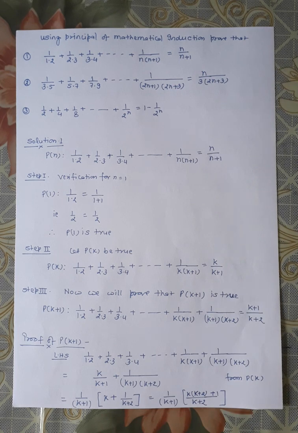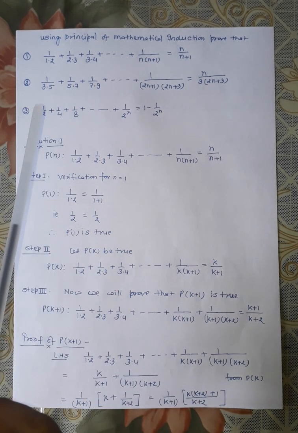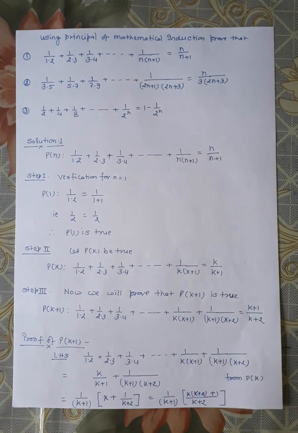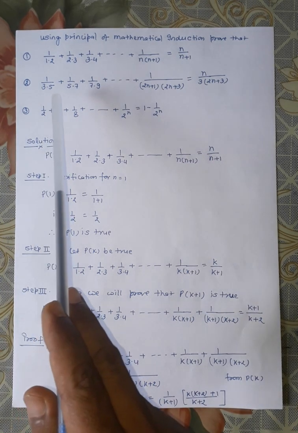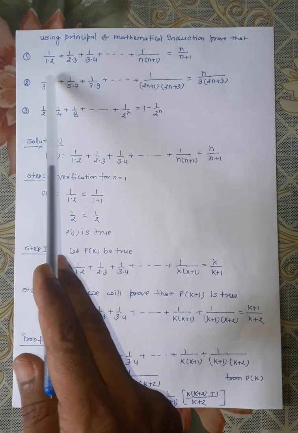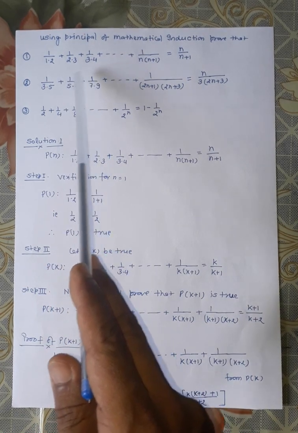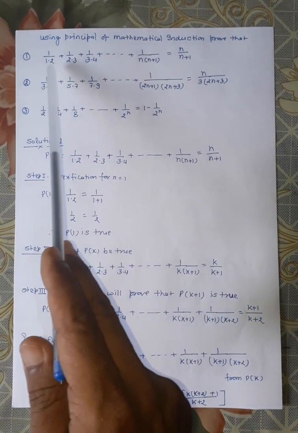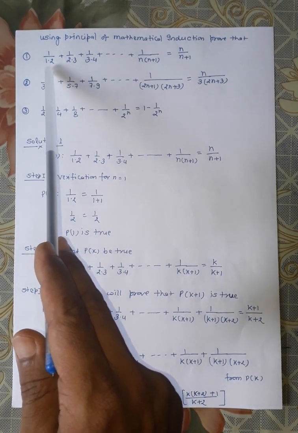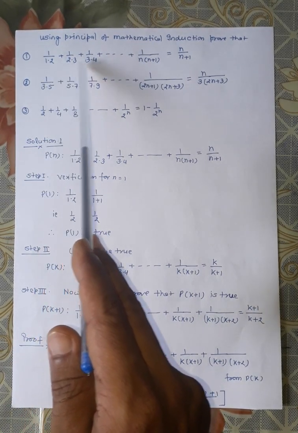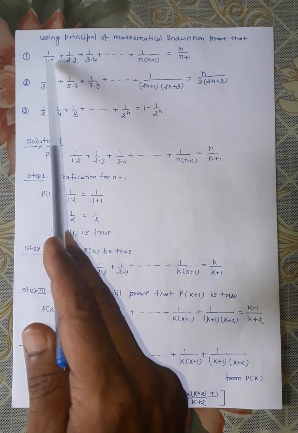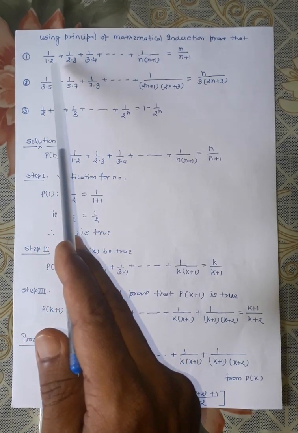Boys, as you are observing here, 3 questions are written in the form of mathematical statements. You see, the first one: 1 upon 1 into 2 plus 1 upon 2 into 3 plus 1 upon 3 into 4. Boys, the dot kept between 1 and 2, or between 2 and 3, or between 3 and 4 represents multiplication.